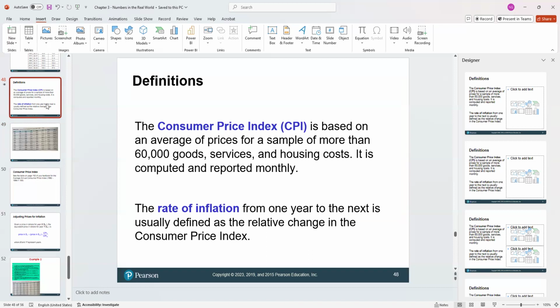It is computed and reported monthly. The rate of inflation, which is also important for you to see, refers to the relative changes in the CPI from one year to the next.